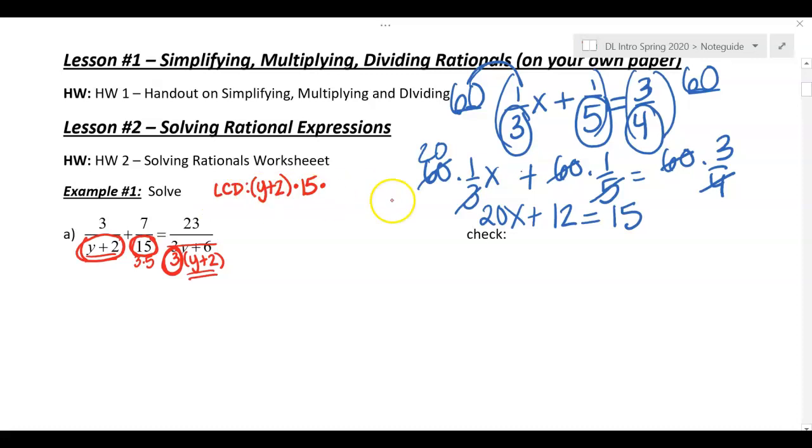Now you might not see a 3 here, but remember 15 contains a 3 and a 5, so there is a 3 there. So we don't need to repeat the 3. It also needs a factor of y plus 2, and again we already have that here, so we don't need to repeat that. So the LCD, the thing I'm going to choose to multiply both sides by, is going to be a factor of 15 times y plus 2.